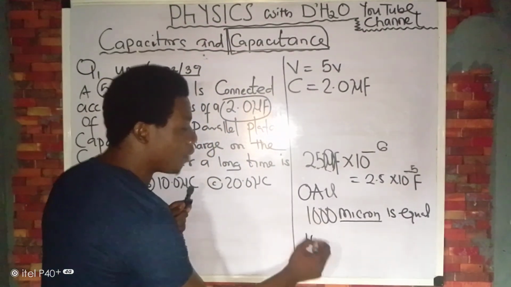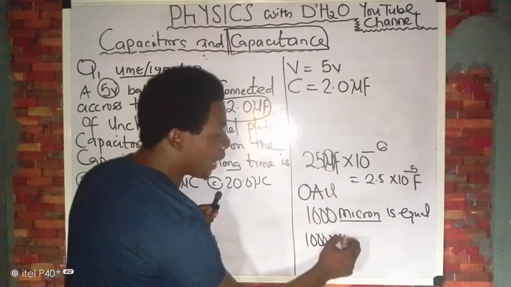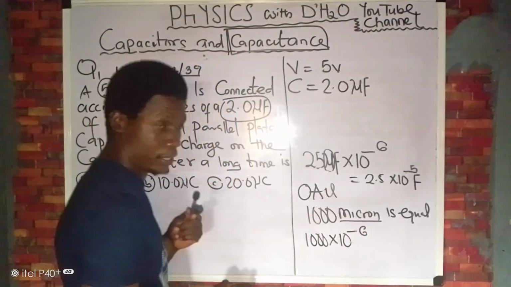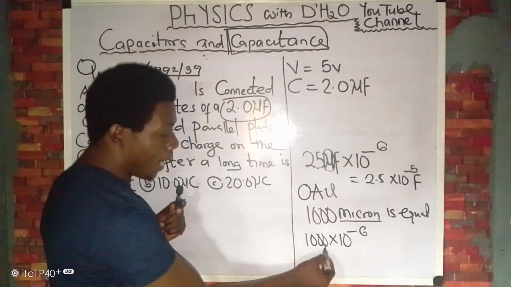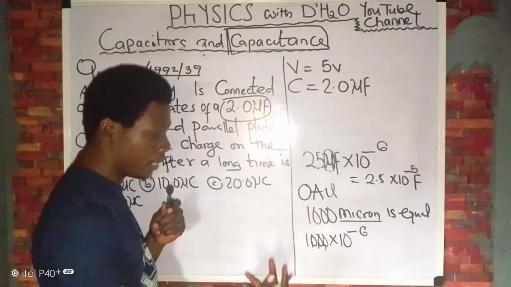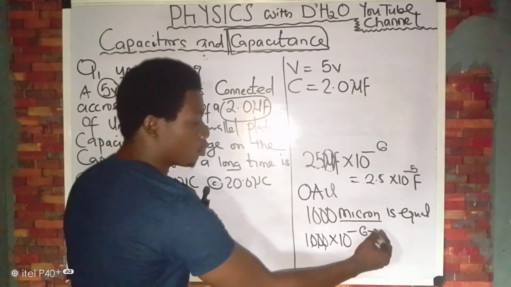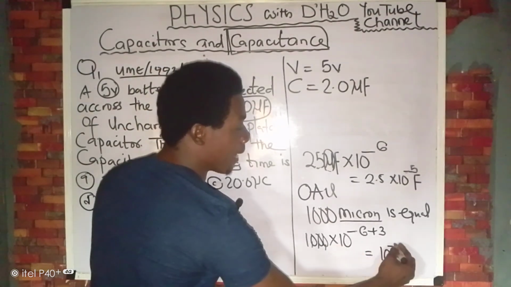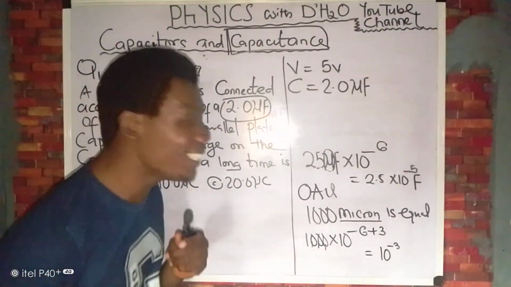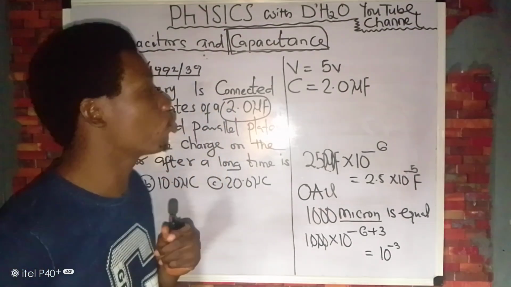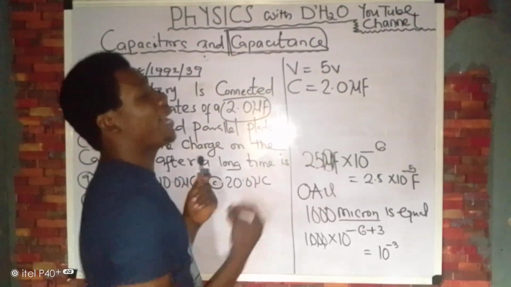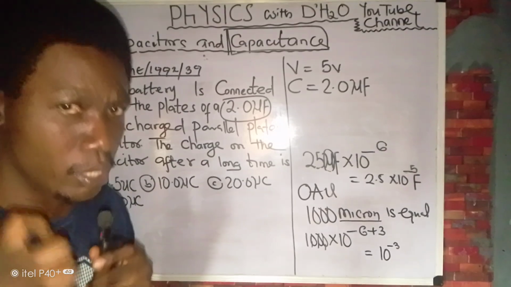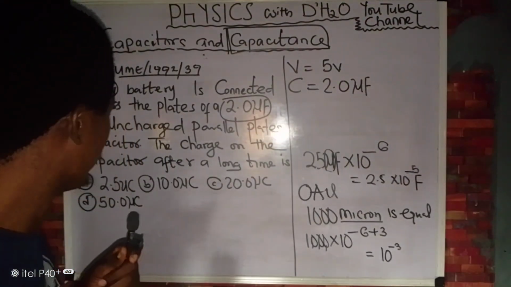So if I have 1000 micro, I will multiply by 10 raised to the power of minus 6. Don't forget, you have 3 zeros here. So if you add the 3 zeros, you are going to get 10 raised to the power of minus 3. So you have converted it from micro. To remove micro, you multiply by 10 raised to the power of minus 6. Don't forget that. It must be noted.